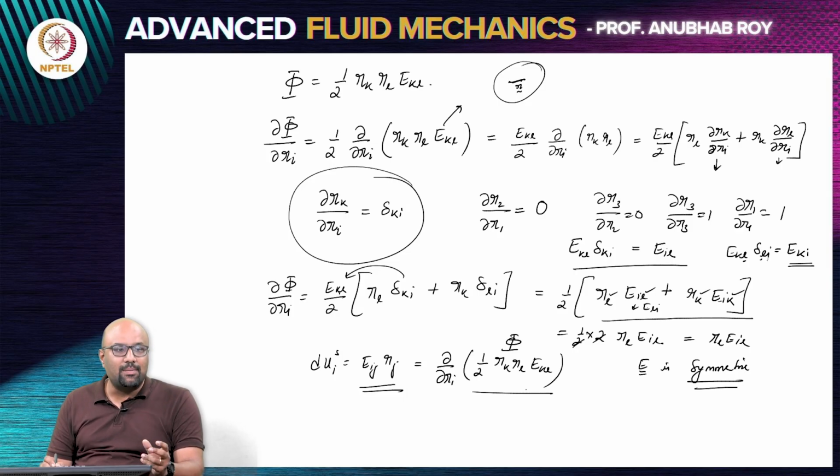We have just used the mathematical property of the rate of strain tensor being symmetric and managed to write that the change in velocity can be written as gradient of some scalar function because the rate of strain tensor is symmetric. That is just a mathematical statement. There is still no physical intuition regarding why this is being done and what this would actually give us. So, when you are writing something as a gradient of a scalar, what are you actually trying to do?